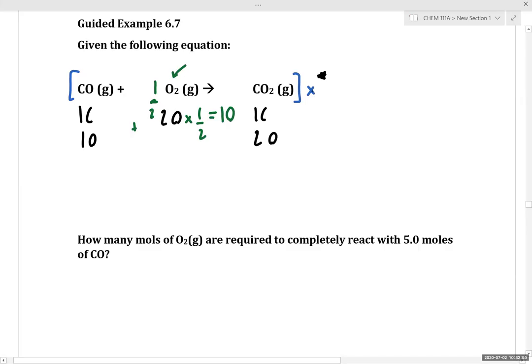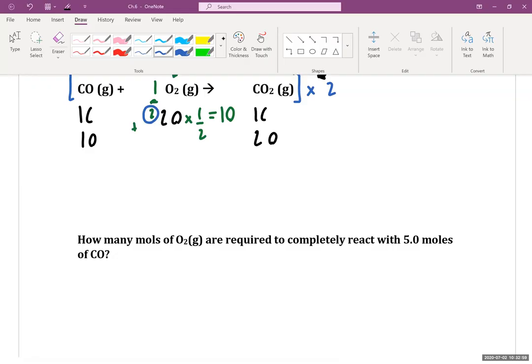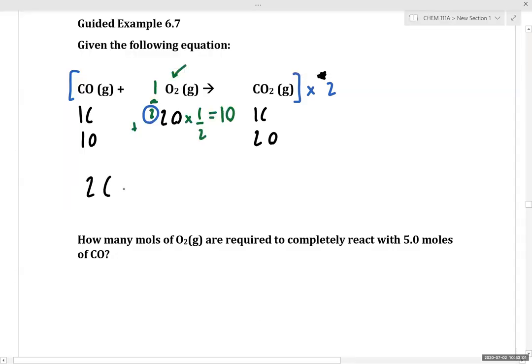If we use this half notation shortcut, our denominator is 2, so we're going to multiply everything by 2. That in turn gives us 2 carbon monoxide gas plus oxygen gas leads to 2 CO2 gas.